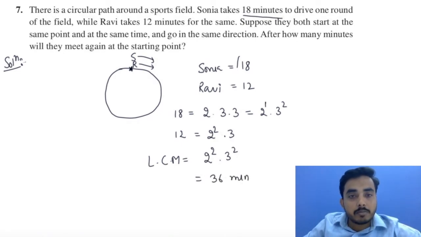So after 36 minutes, Sonia and Ravi will meet again at the starting point. You need to write in your exam that after 36 minutes they will meet again at the starting point.